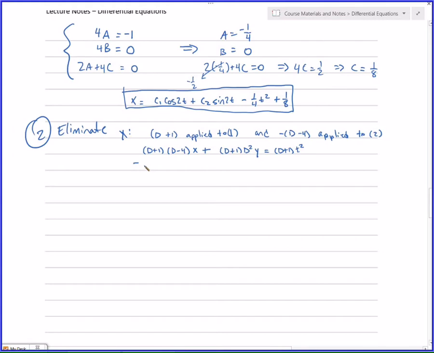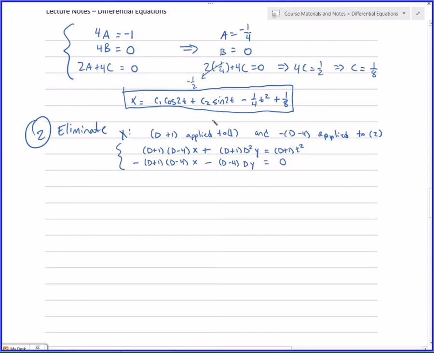And then I've got a minus d plus 1, now d minus 4x, because I applied the minus d minus 4 in there, plus, actually now minus d minus 4 dy, and on this side I had a 0, so it's still just 0. Messy, but pretty obvious what you choose.